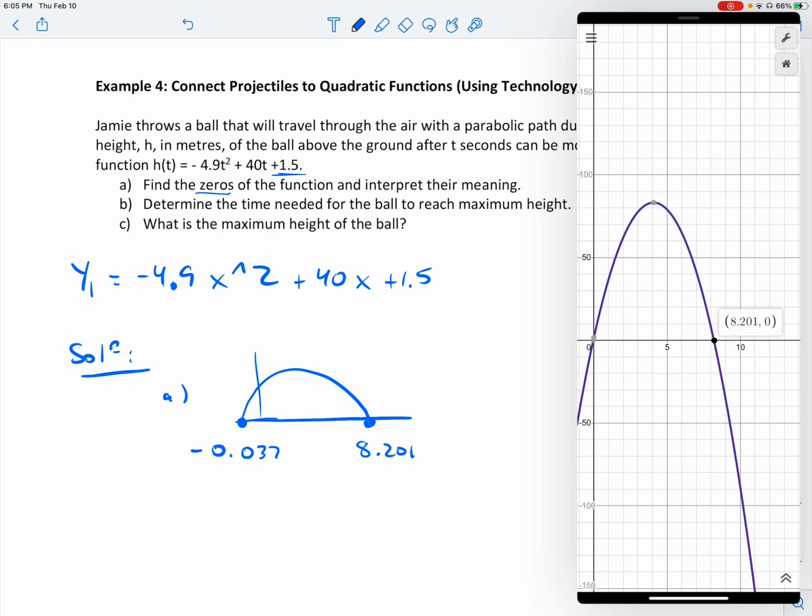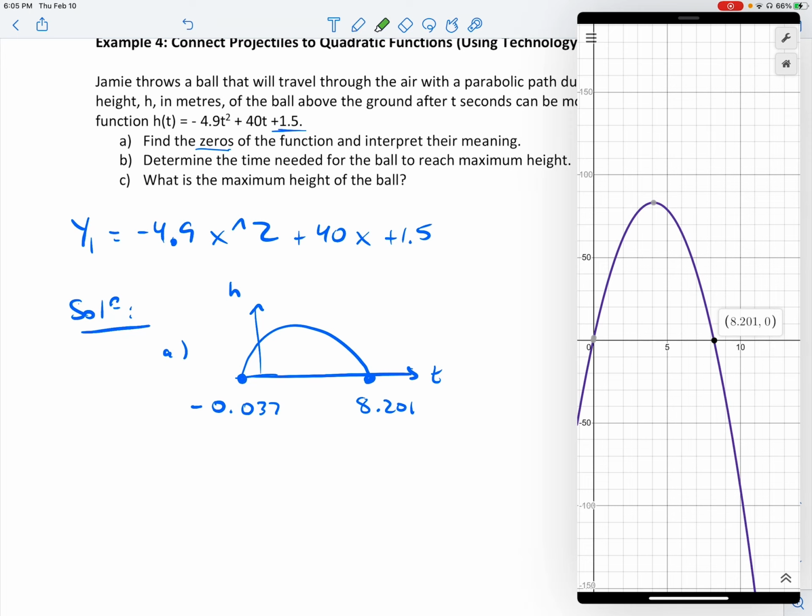I guess I could do three decimals. Okay, those are the two values for that. This is height versus time. So those are my answers. Those are the two zeros.